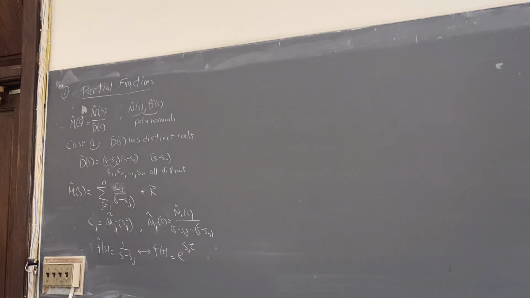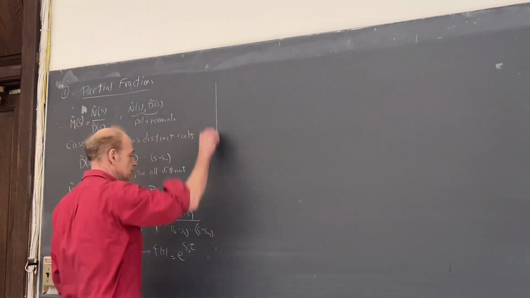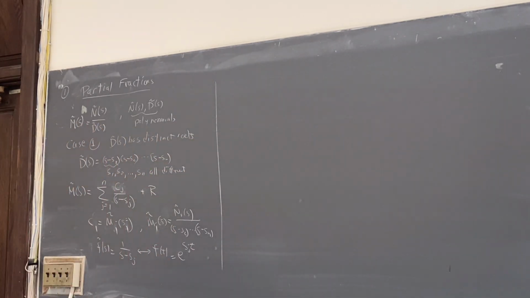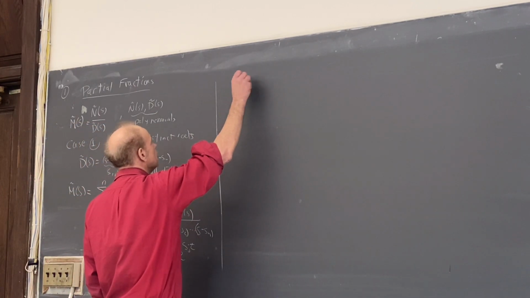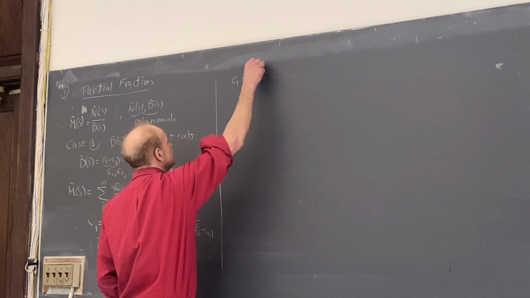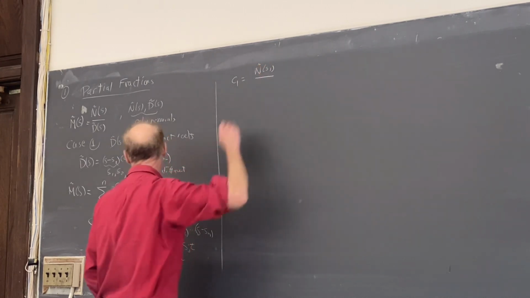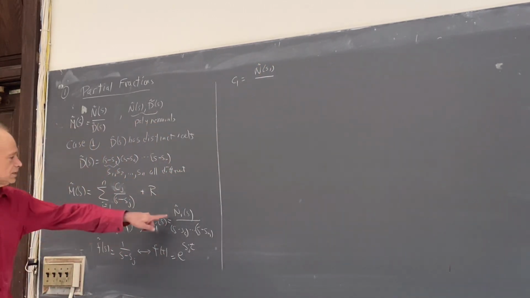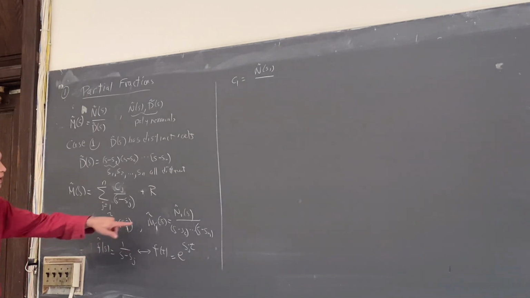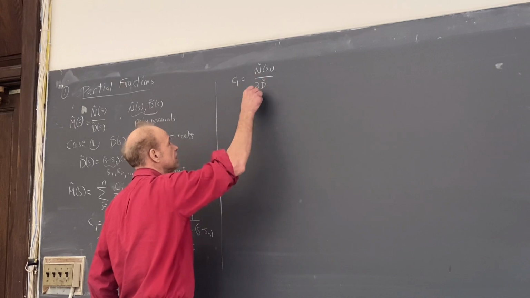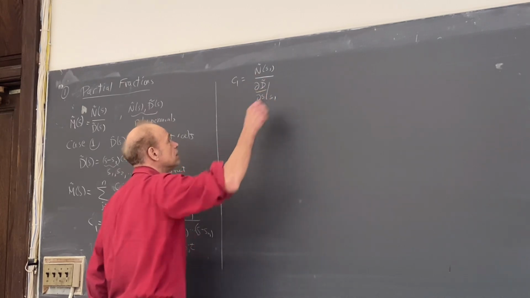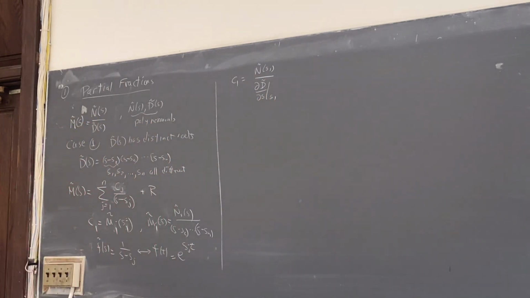Now, one thing I can also note, which I didn't bother noting last time, is that c1 can be written as n tilde of s1 divided by, so this is m tilde of s1, instead of writing the denominator this way, I could write it as d tilde prime, the derivative of d tilde with respect to s, at s1. So that's another way of writing the same thing.